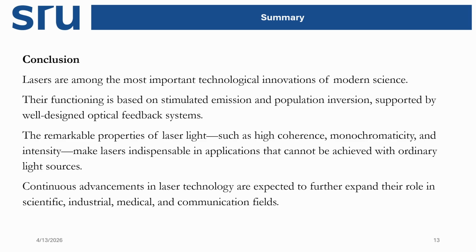So we provide much more energy to the system and transfer ground state electrons to the higher energy state. So the number of electrons will be much higher in the excited state than in the ground state. That will make this sure. Then the interaction of the photon with the higher energy electrons will take place, and this will amplify the photon to create the laser light. So this is the mechanism the laser light works on.